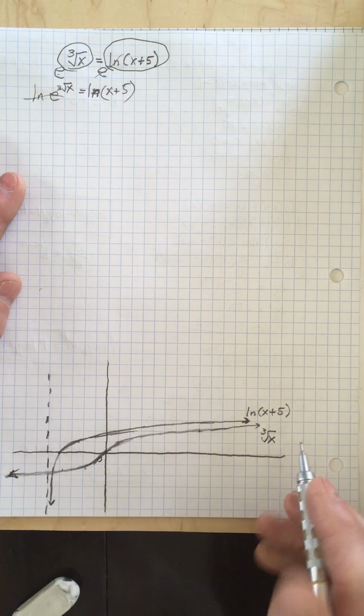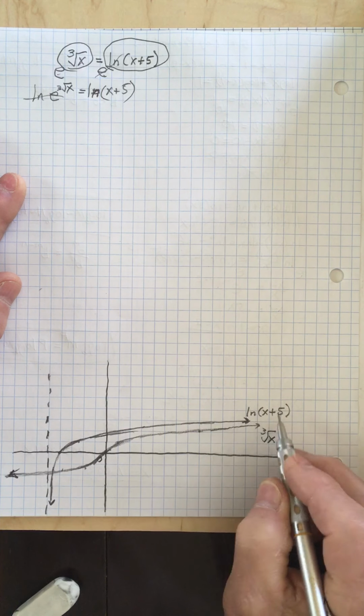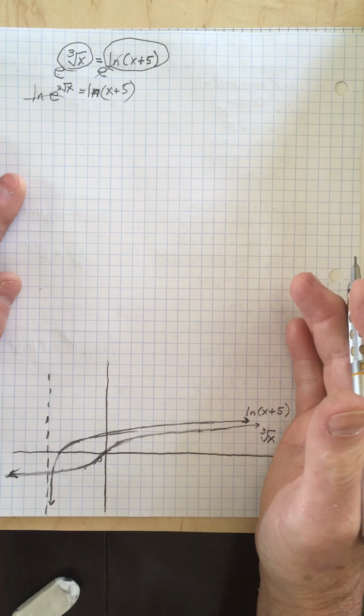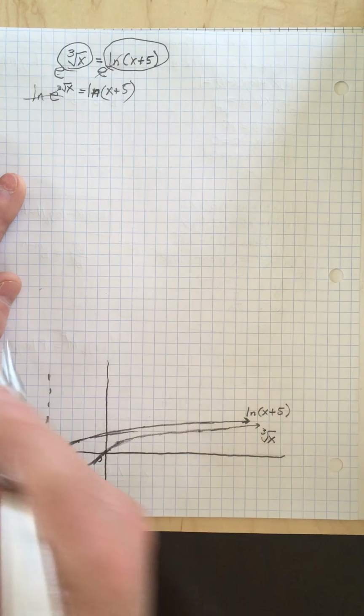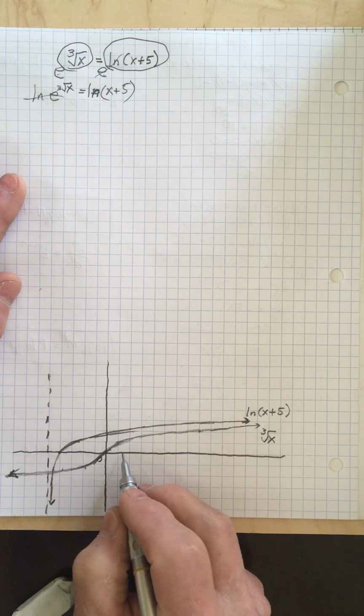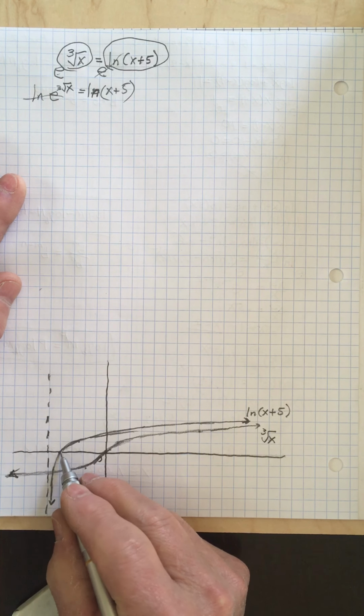It's the cube root function. This is the graph here of ln(x + 5), the log function shifted to the left 5 units, and it's going to go through some certain points. Instead of 1, 0, we'll have to shift back, so it'll go through minus 4, 0.